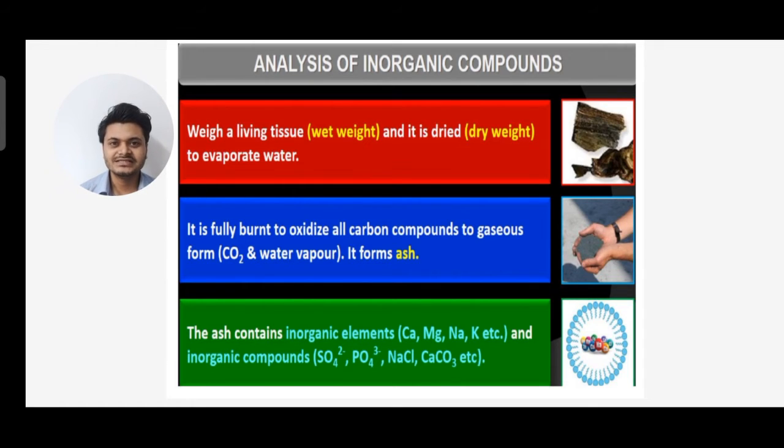This ash contains inorganic elements like calcium, magnesium, sodium and potassium, and inorganic compounds like sulfate, phosphate, sodium chloride and calcium carbonate. You have to memorize these inorganic elements and inorganic compounds.